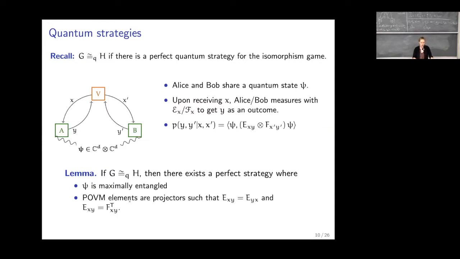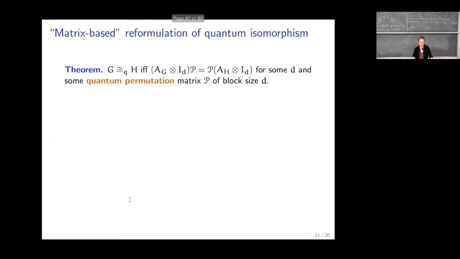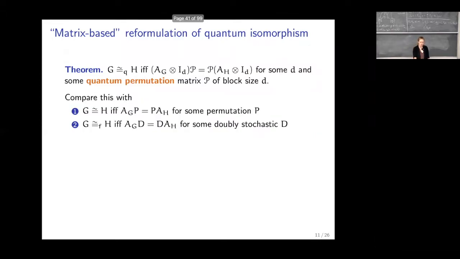And because of this standard form of strategies, we can get the following statement. We can say that two graphs are quantum isomorphic precisely when I can find what I'm going to call a quantum permutation matrix P of some block size D that satisfies this algebraic equation with respect to the adjacency matrices.